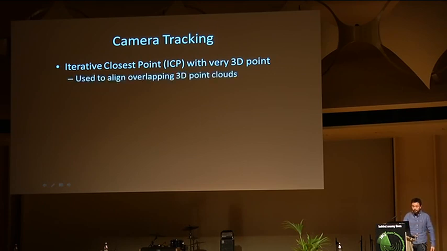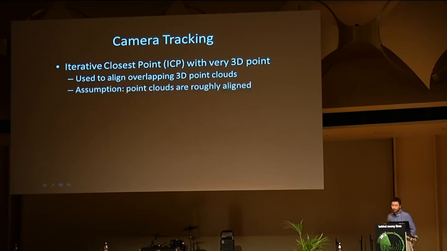But this algorithm has one requirement. It needs these point clouds to be already roughly aligned to each other. And this is usually done manually with a mouse in the 3D scanning program.